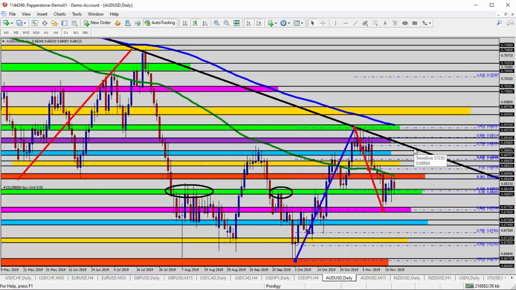A couple of things to think about here. I'm actually just going to take this red trend line and put it down here. You can see if I put that red trend line like that, we're creating a higher low.